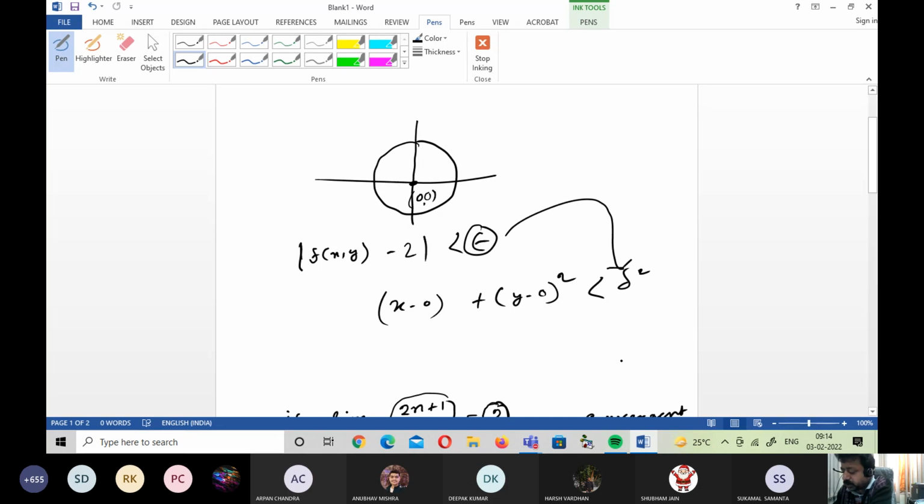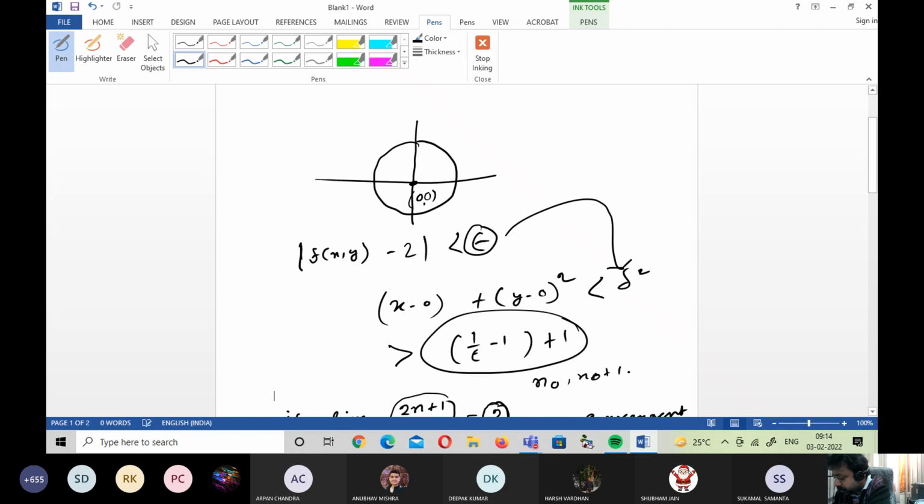Here also you have established that for some value of epsilon, if you take n0 as 1 by epsilon minus 1 plus 1, some value greater than that, and n0 plus 1, if you go to the right-hand side, the relation exists everywhere.